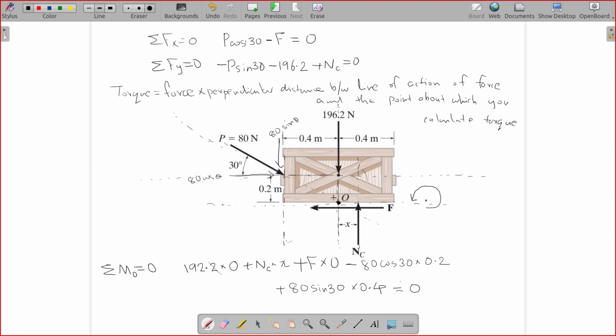So from these three equations you can find out the value of x, and if x is negative, it may not be practical for you.